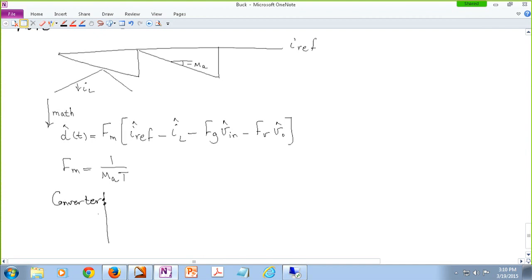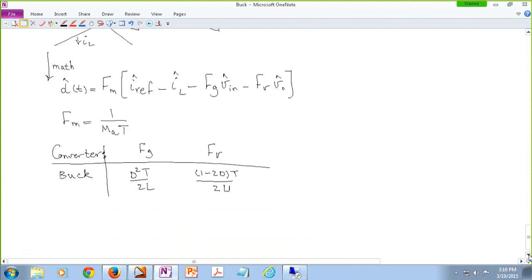If you have, for instance, the buck converter, Fg is d squared times T over 2L, and Fv is negative (1 minus 2d) times T over 2L. So these are the gains.